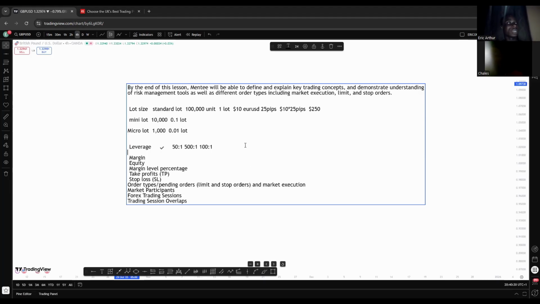Oh, okay. Yes. So basically, how leverage works is if you have an account of $1,000, and your broker offers you 100 to 1 leverage, you can control a trade of $100,000 because it's 100 to 1. That means 100 times your amount, $1,000.